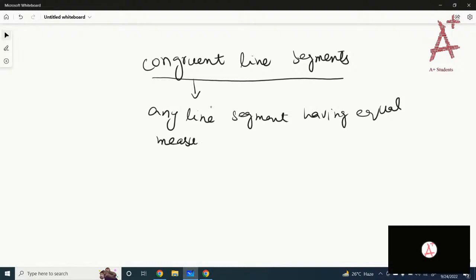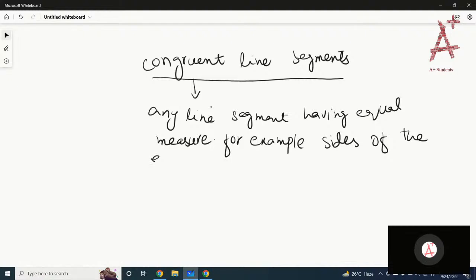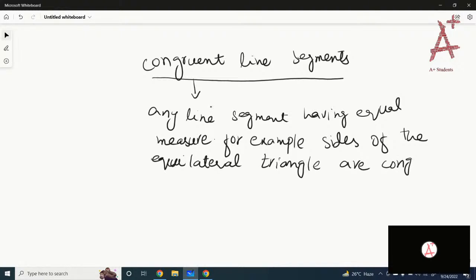For example, the sides of an equilateral triangle are congruent line segments. Got it? This is the definition of congruent line segments.